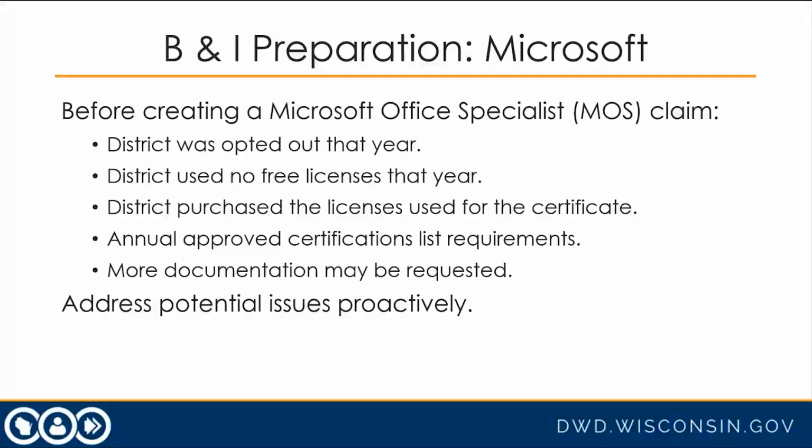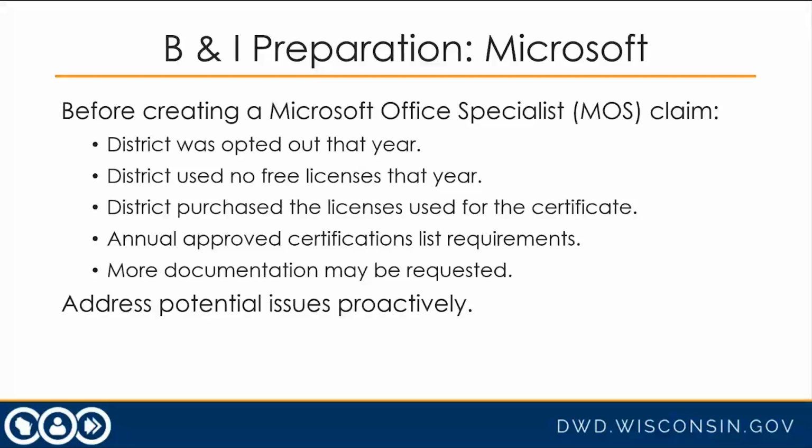Know that the district purchased the licenses used for the certificates. If your district does not have proof of purchase licenses, do not submit the claim. Know that no high school in your district used free licenses that year. Districts are not to mix free and purchased licenses within the same year.